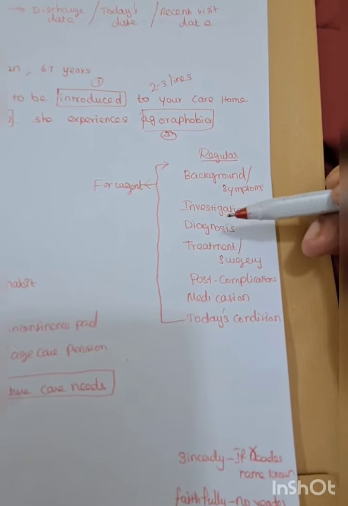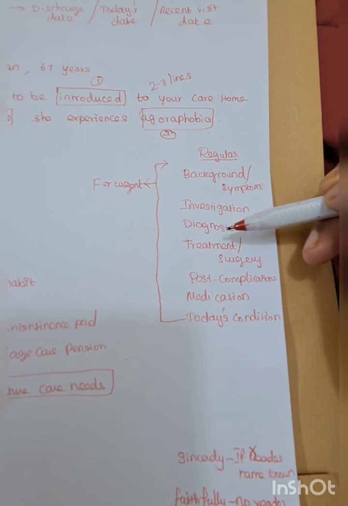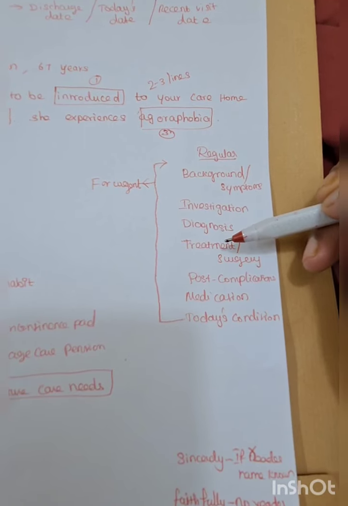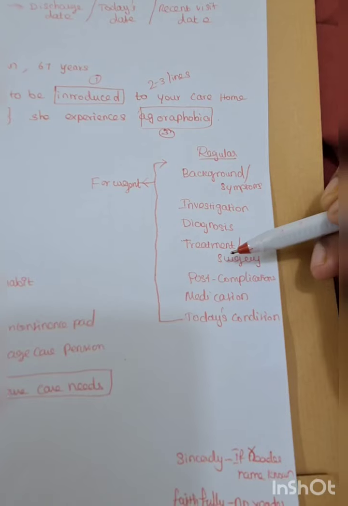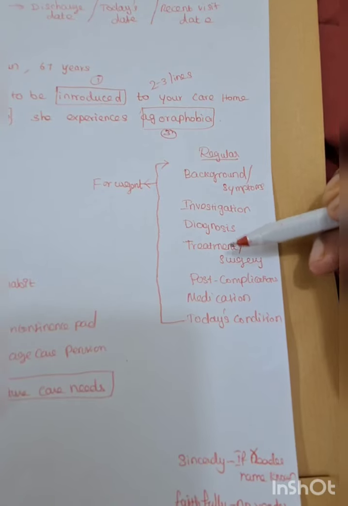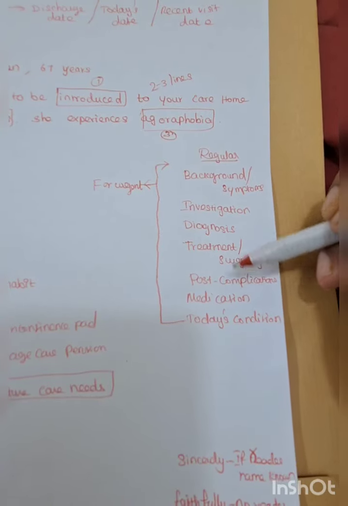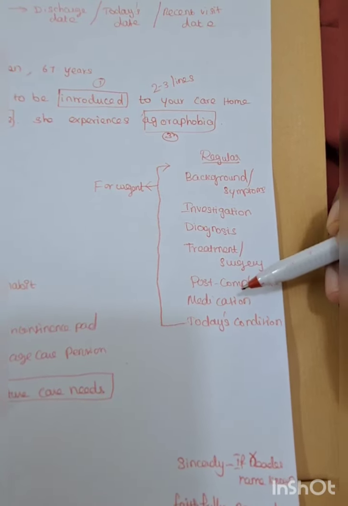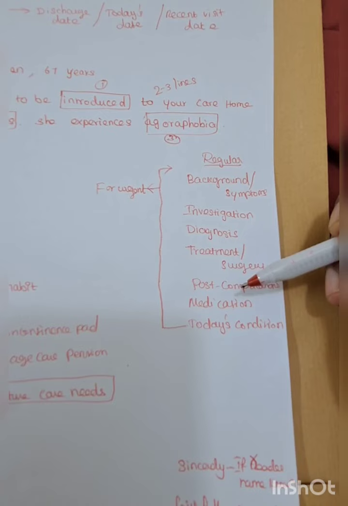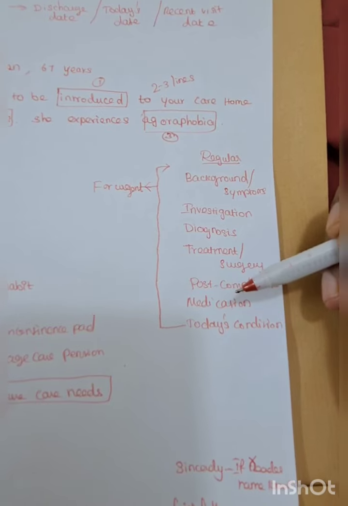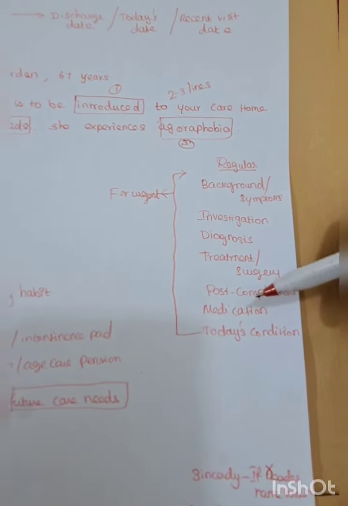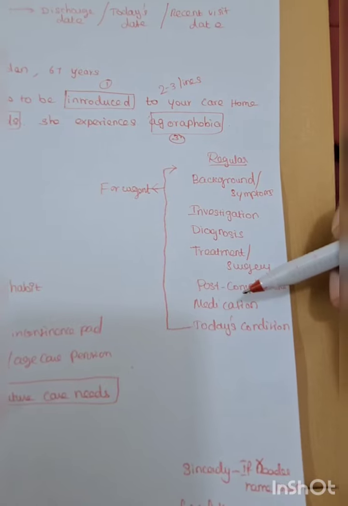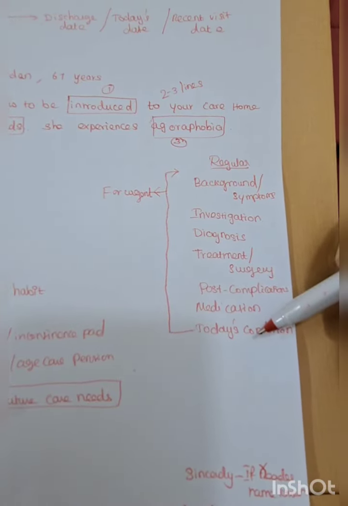After investigation you will be providing the diagnosis. After diagnosis, if any treatment or surgery was provided, kindly denote that. And then you will go for post complication. Because of the treatment, did she experience any complication? For that, to manage her pain or to overcome this complication, did you provide any medication? And what is her present situation?